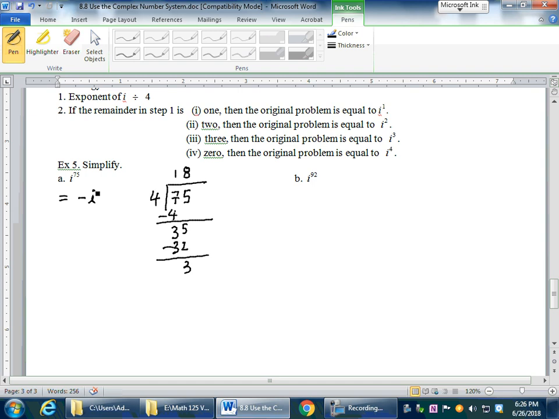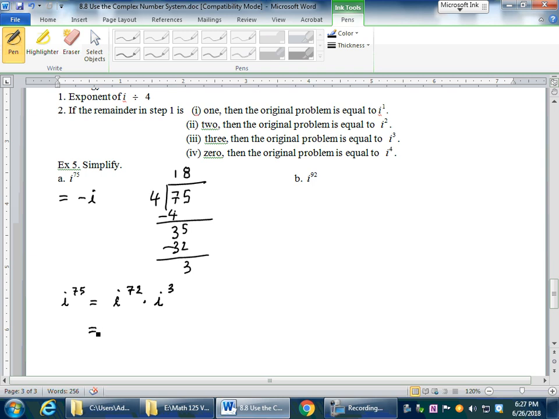So basically how I got this answer so quickly using this strategy is this. Writing it down step by step, I basically break down i to the 75 into i to the 72 power times i to the third power.